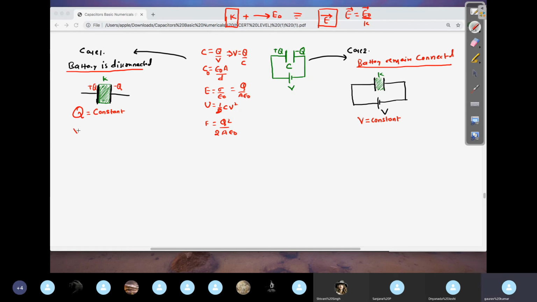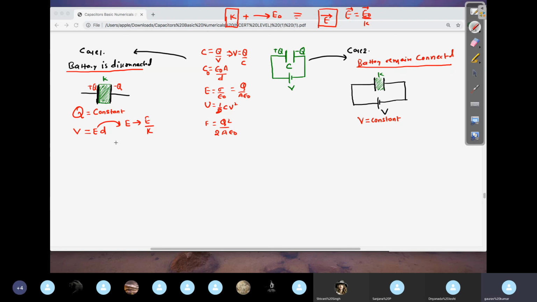What is V? V is always given as electric field multiplied by D. But we know that the electric field is going to decrease by a factor of K. So E becomes E by K now.